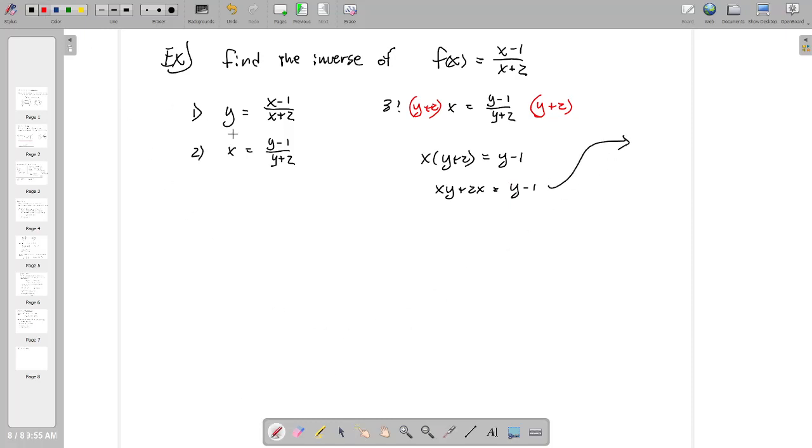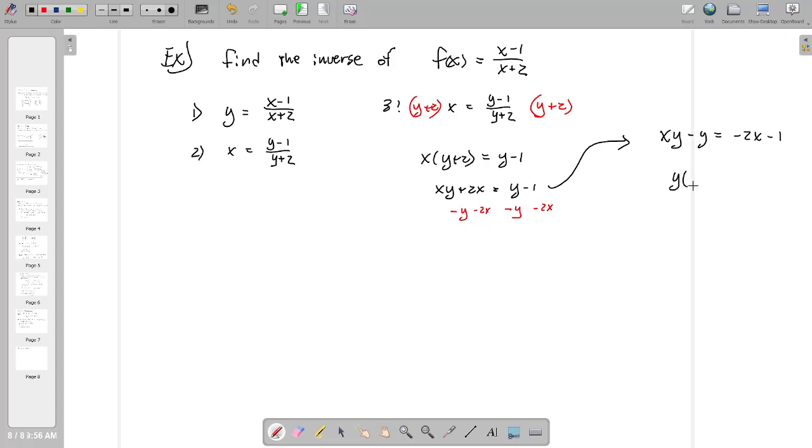So here I'm going to subtract y and subtract 2x from both sides. And we get xy minus y is equal to negative 2x minus 1. Now I see that I have a y that's common in both terms on the left.